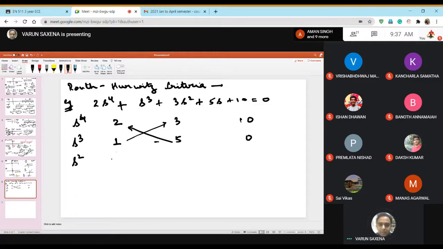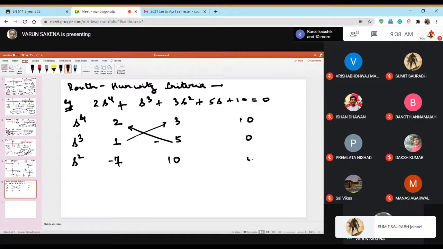So that is 3 minus 10 divided by 1, which is minus 7. Okay, then you have 1 multiplied by 10 minus 0 multiplied by 2 divided by 1, which is basically 10. And then you have 0. So this is the third row we create.